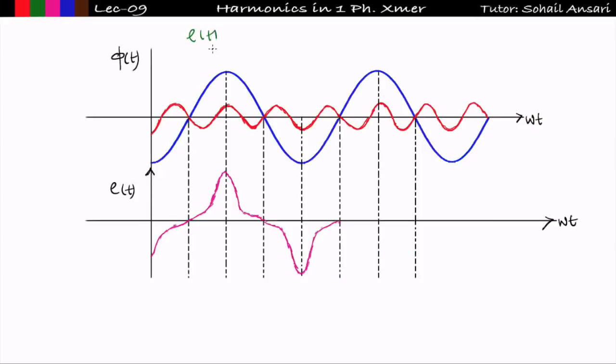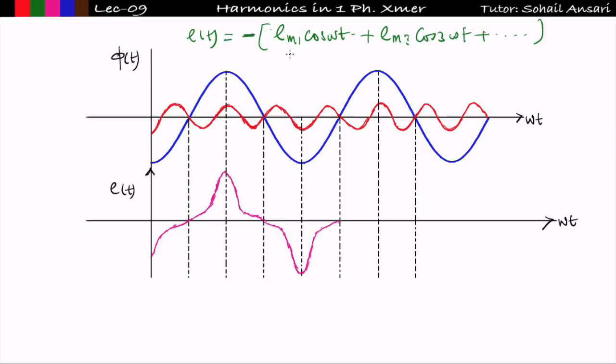See, e t I have got, that is equal to minus of fundamental, let us say Em1, I can write finally this as Em1 sin omega t plus Em3 sin 3 omega t. I can write the maximum value as Em1, no problem, plus so on. Sorry, this will be in cos. After differentiation, it will be in cos. So Em1 cos omega t plus Em3 cos 3 omega t, that we have seen in the previous slide.